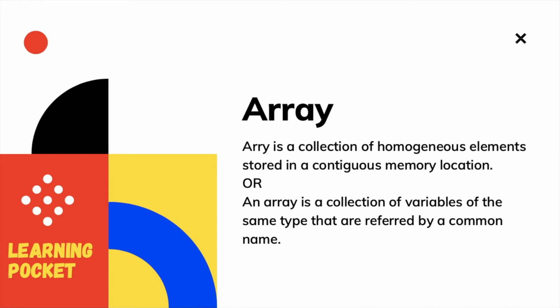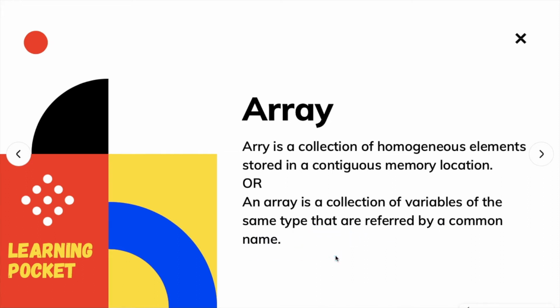An array is a collection of homogeneous elements. Homogeneous elements means elements of the same kind or same data type, stored in a contiguous memory location, meaning they are stored in a continuous fashion in memory. I will get to that. Or you can say an array is a collection of variables of the same type that are referred by a common name.